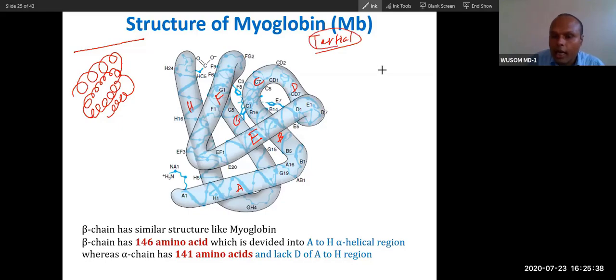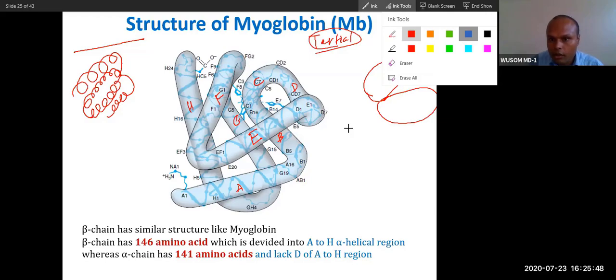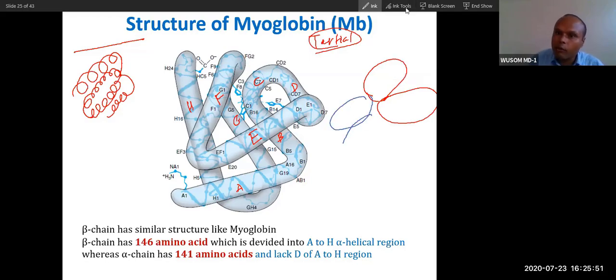And what is hemoglobin? Hemoglobin is basically a collection of 4 myoglobin-like molecules together. So these 4 molecules combined together become hemoglobin. Here you will see 2 beta chains and 2 alpha chains. Beta is very similar to myoglobin, no major differences. The only difference is a little bit in the sequence of amino acids.